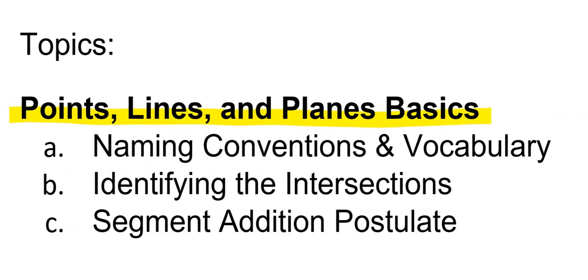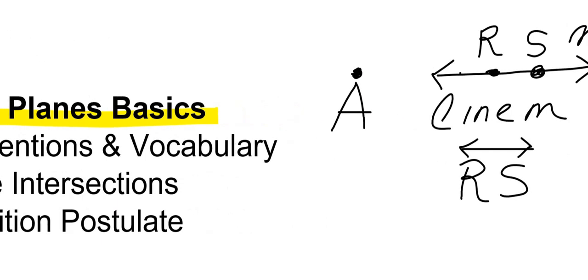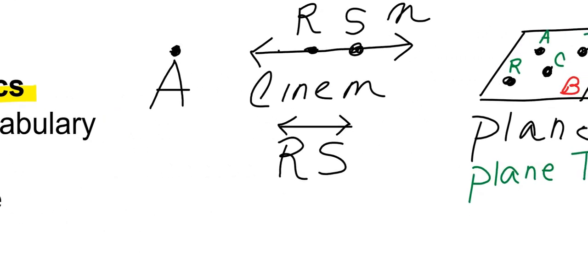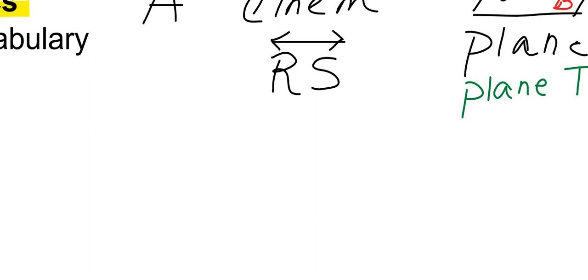The next thing that we have to know, after we've covered naming conventions and vocabulary, is to identify the intersections. We're not going to go through all of them, but we'll do a couple. For example, if I have one line and then a line segment, so I'm throwing another vocab word at you. A line segment means it starts at a point and ends at a point. It is finite. It does not go on forever like a line does.